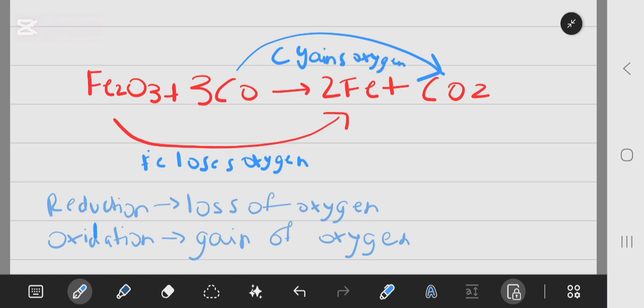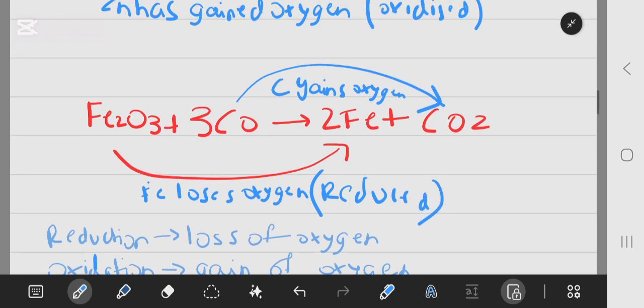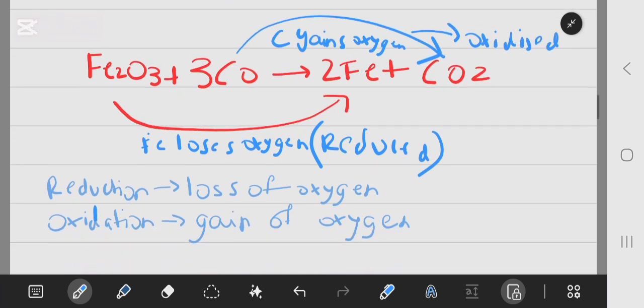Okay, so we can conclude that Fe, because it loses oxygen, is being reduced, and because the carbon gains oxygen, it is being oxidized. Clear?